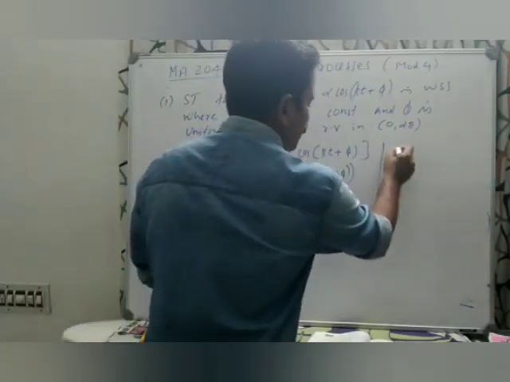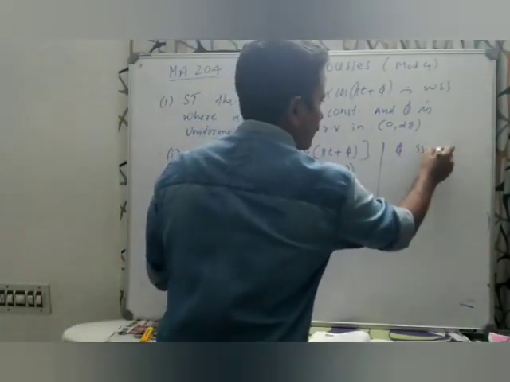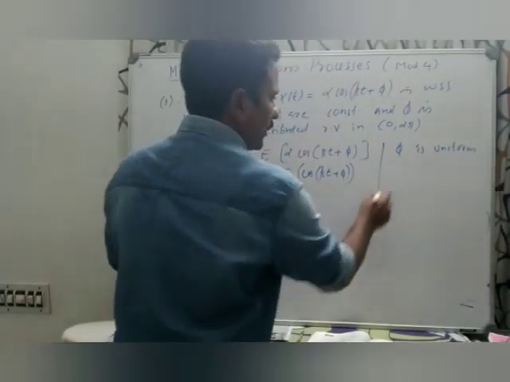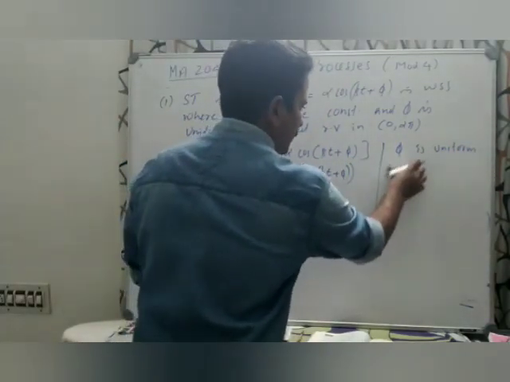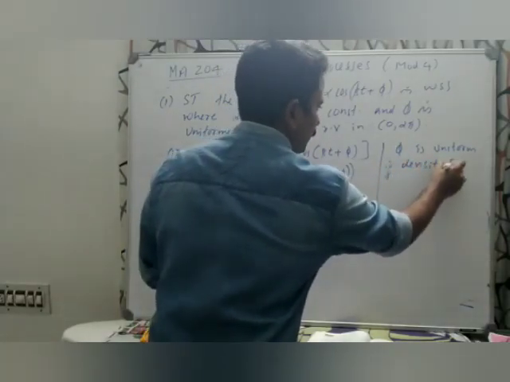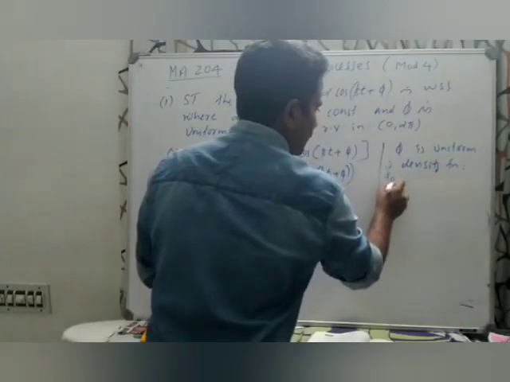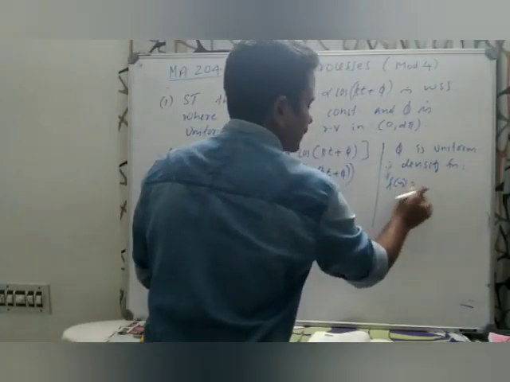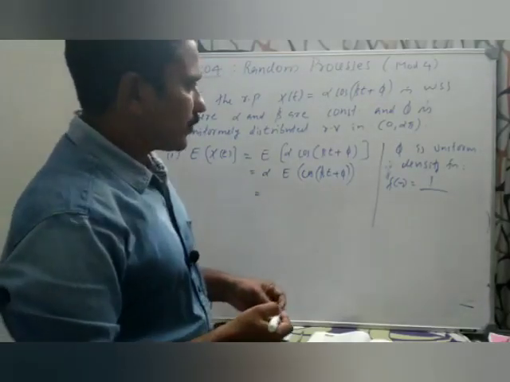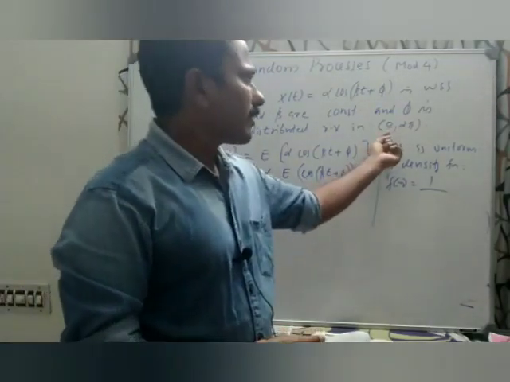Okay, so it's given that phi is uniform, therefore its density function f of x is equal to 1 by, the formula, it's a uniform distribution defined on an interval a to b.